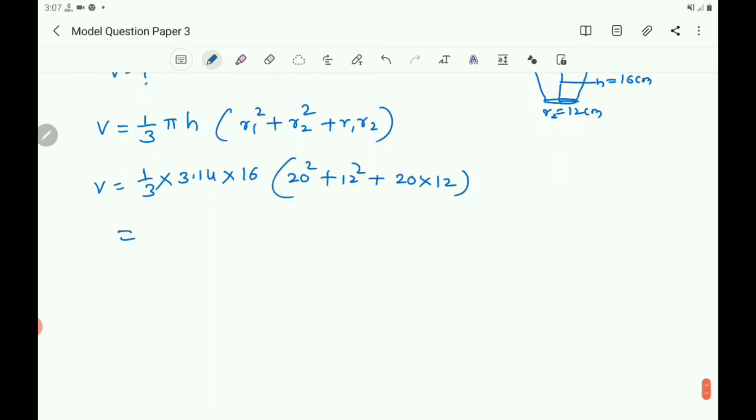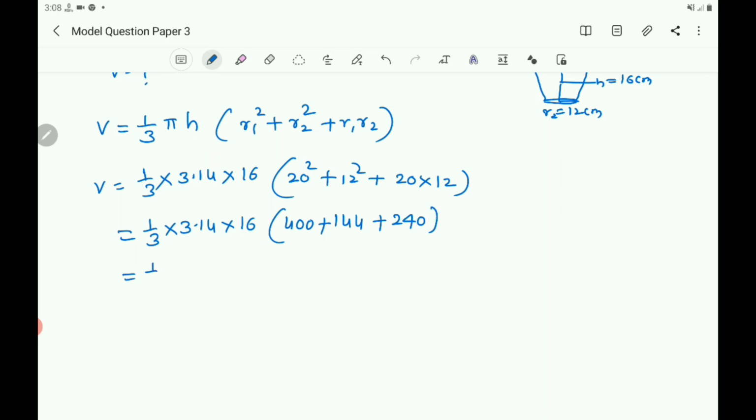That equals 1 by 3 into 3.14 into 16 into 20 square is 400, 12 square is 144, plus 20 into 12, which is 240.